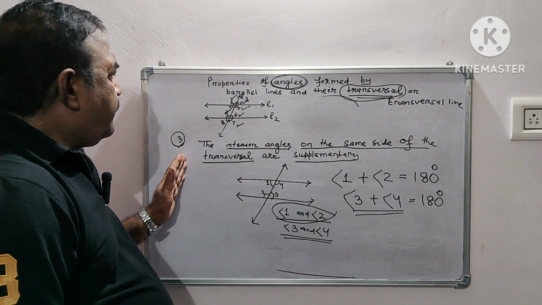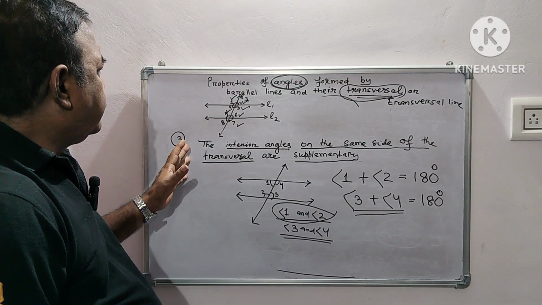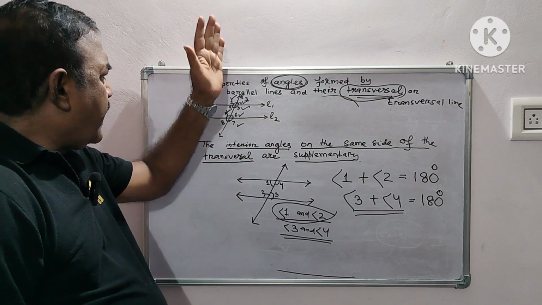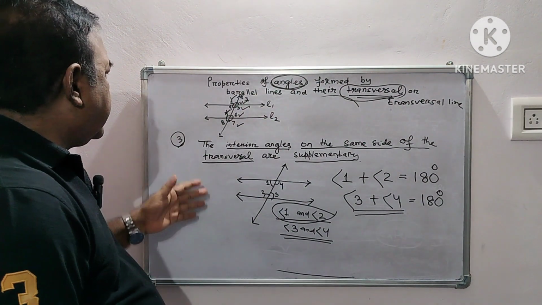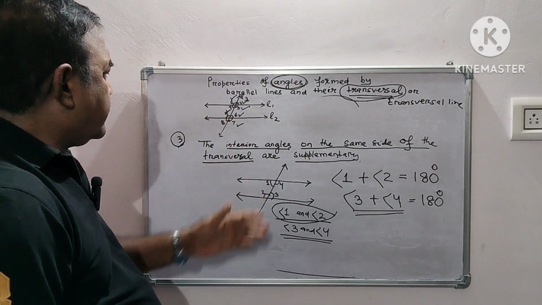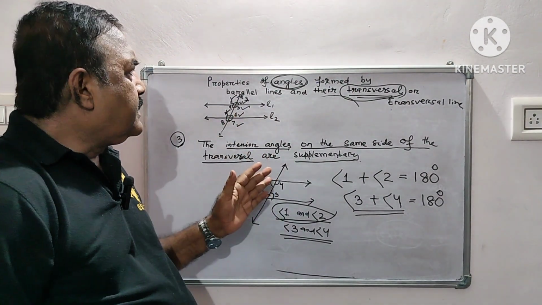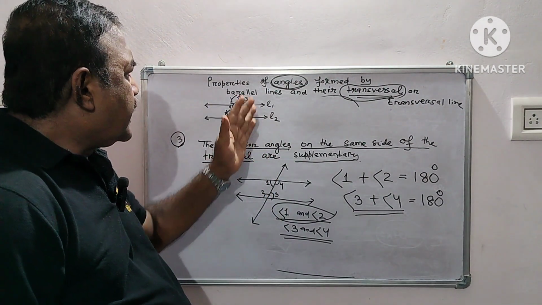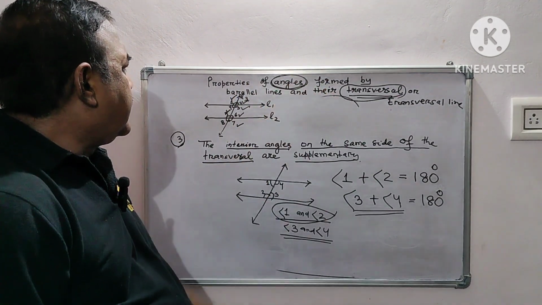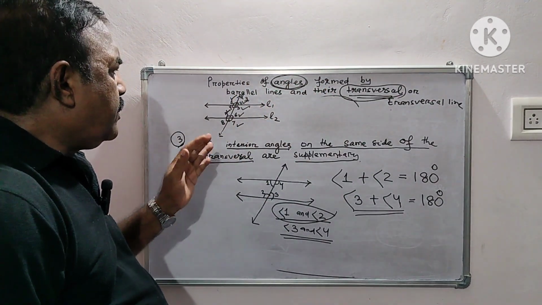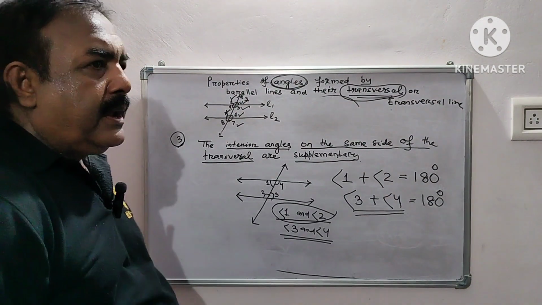So there are 3 properties involved as the properties of angles formed when 2 parallel lines are cut by the transversal, and you will have to remember this. Okay?